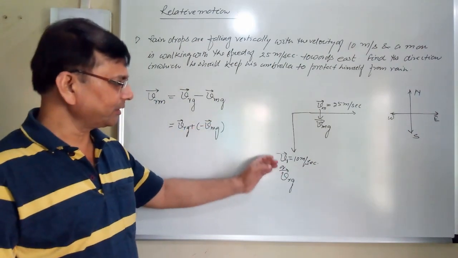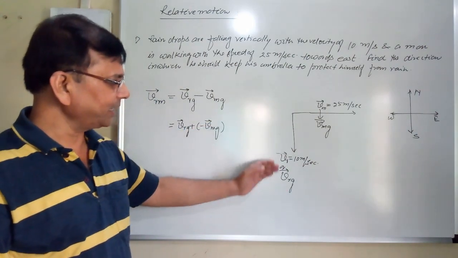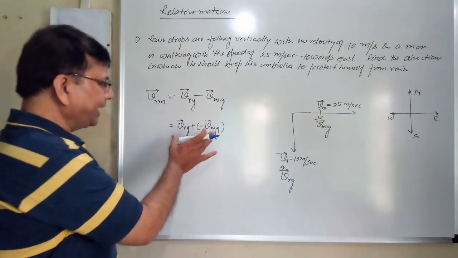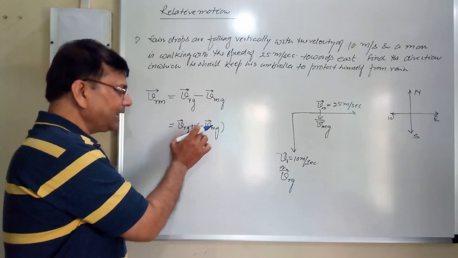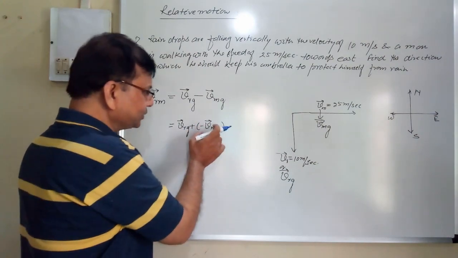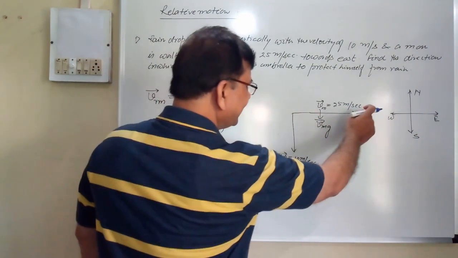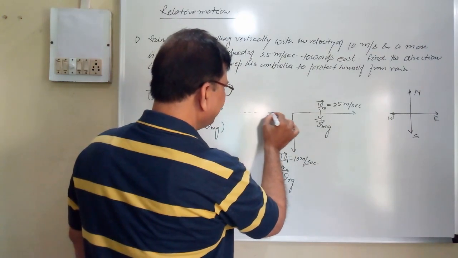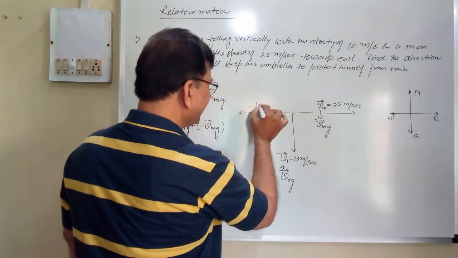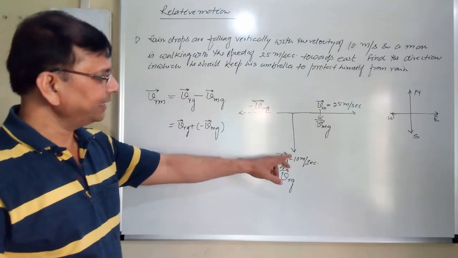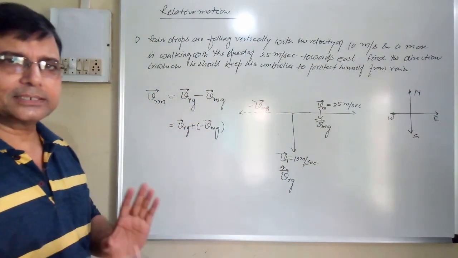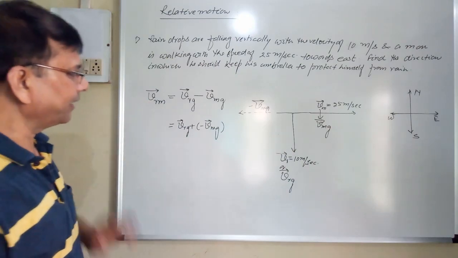You write VM or VMG, VR or VRG, meaning is same. So we have to add these two vectors, VRG and minus VMG. Minus VMG will be in this direction. We find the addition of these two and the resultant will be VRM.